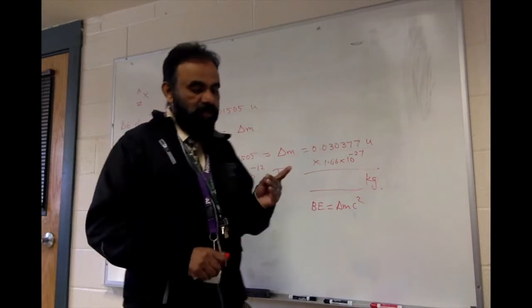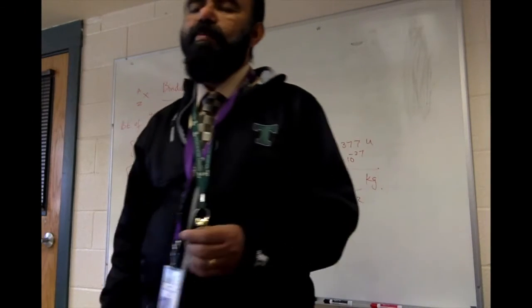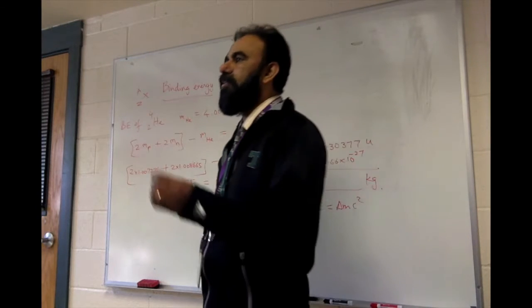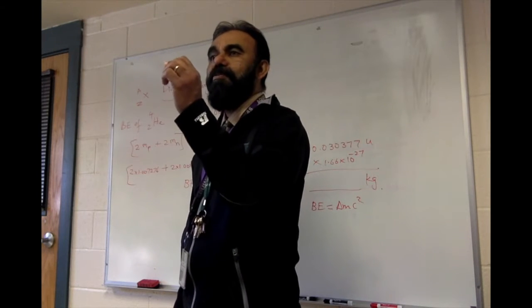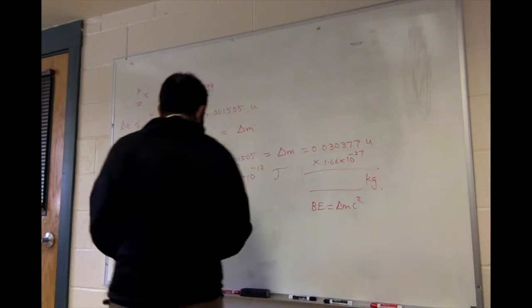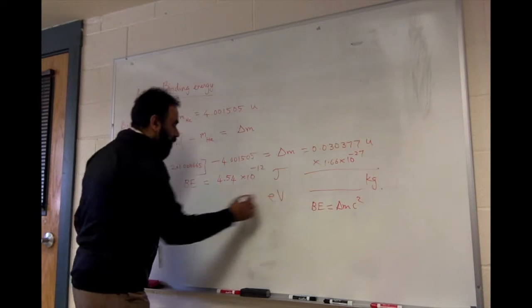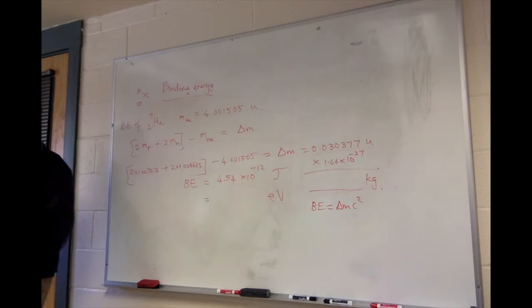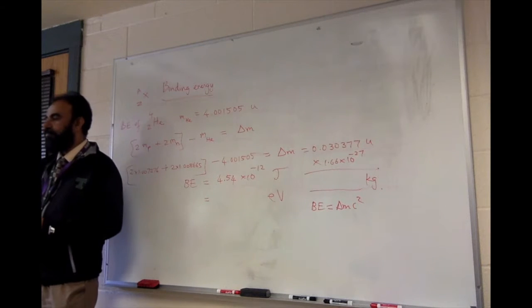Now, when energies are so small, you don't normally express them in joules. What's the other unit used for measuring small amounts of energy? Electron volts. So convert this to electron volts. Go ahead.